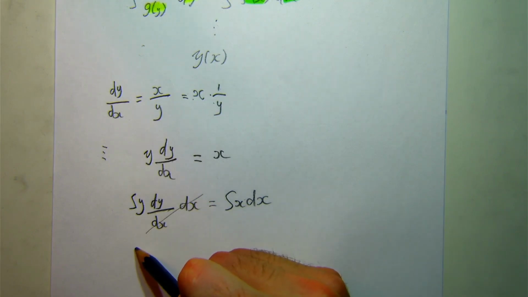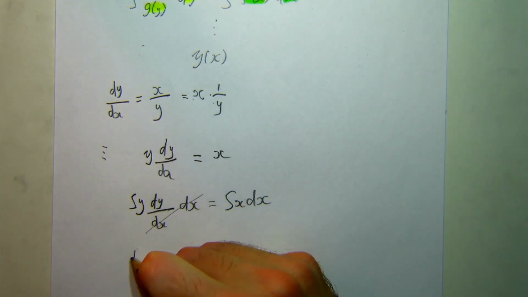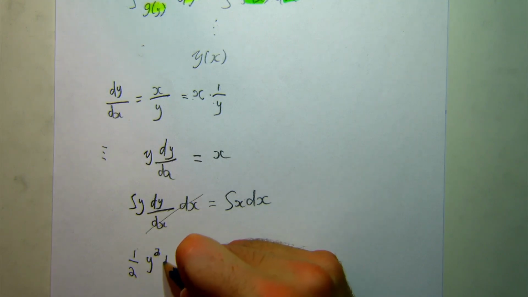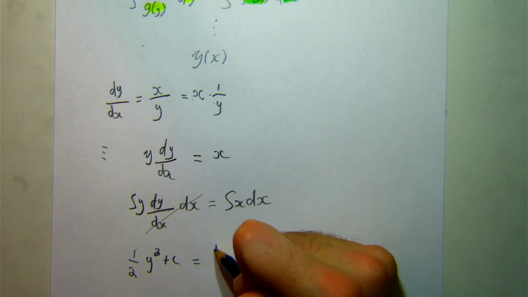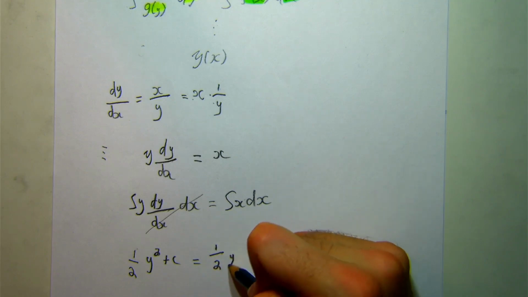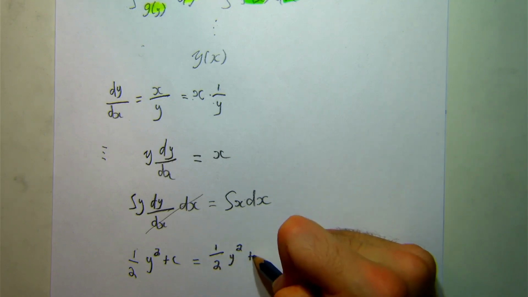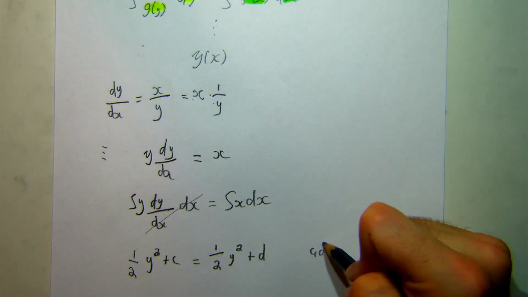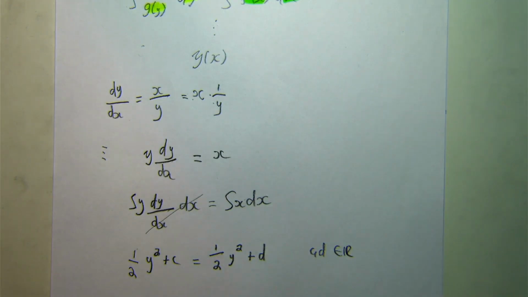And that gives us 1 on 2 y squared plus c is equal to 1 on 2 x squared plus d, and c and d are some real numbers.